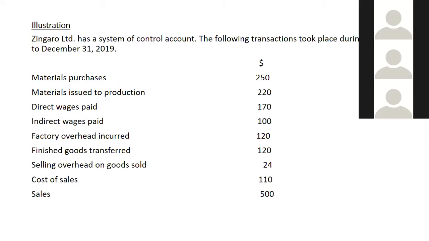So the requirement for this question is that we prepare a cost journal. A journal is quite simple. I'm giving you a few minutes to look at the question, then you will tell me the respective entries that are to be made.